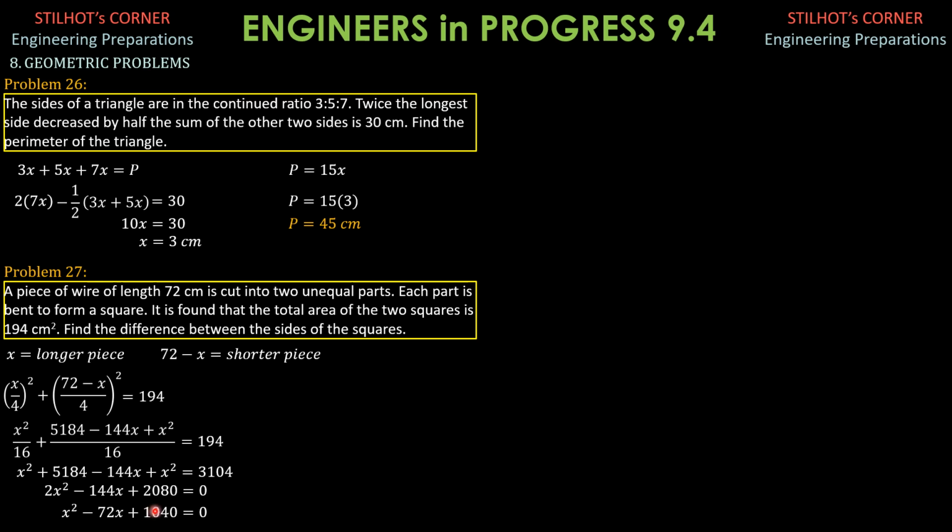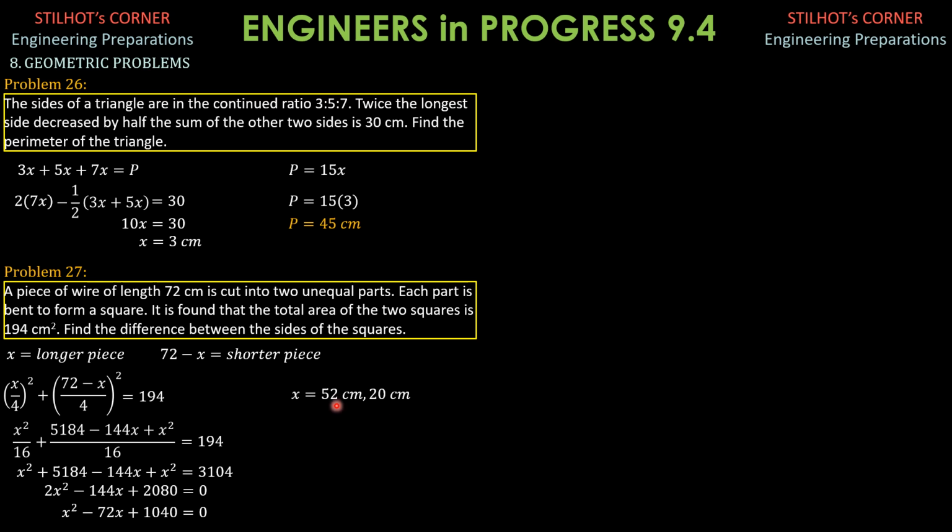So if we factor this, the factors are x minus 52 and x minus 20 equals 0. So using the quadratic formula, or you factor this as x minus 52, x minus 20 equals 0, then you'll get x is 52 cm, and the shorter piece is 20 cm.